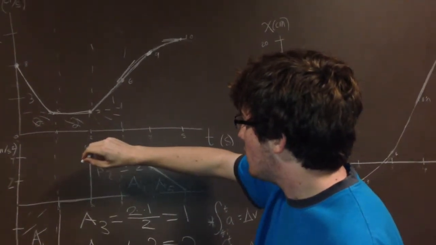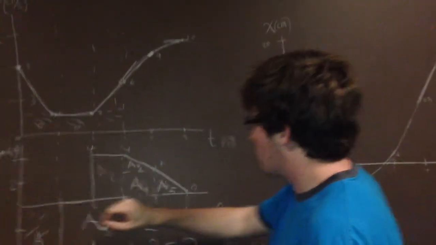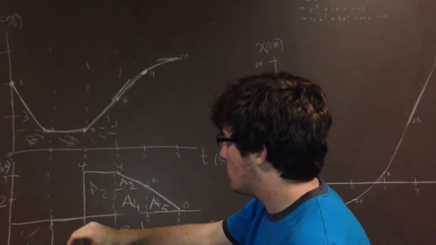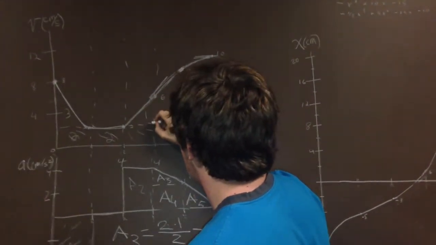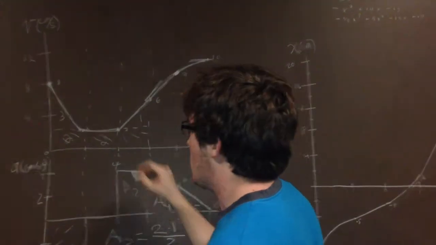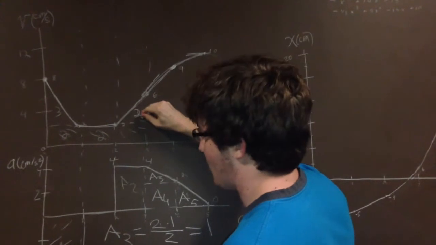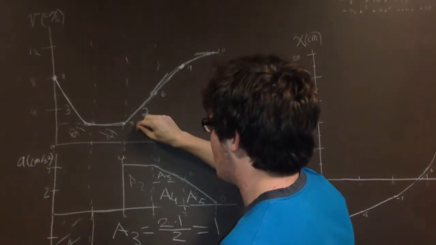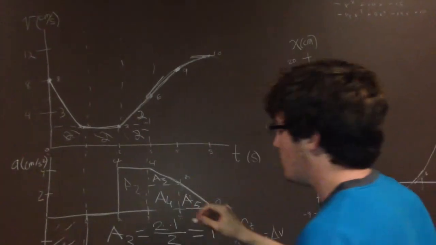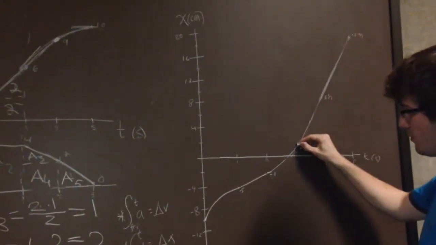Wait, the height is 4, width of 1, so area is 2. The rectangle has width of 1, height of 2, area is 2. So 2 plus 2 is 4. So negative 3 plus 4 is 1.